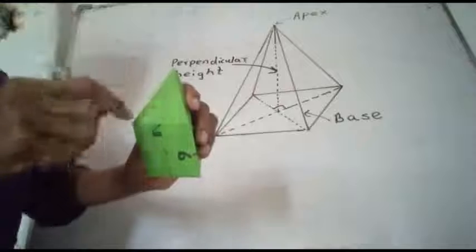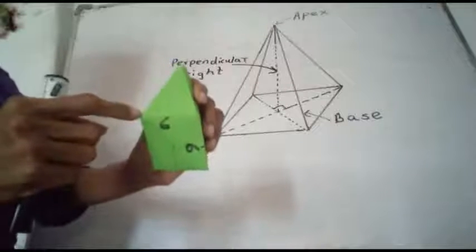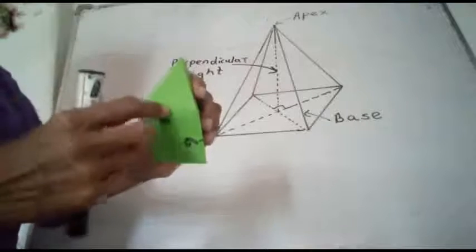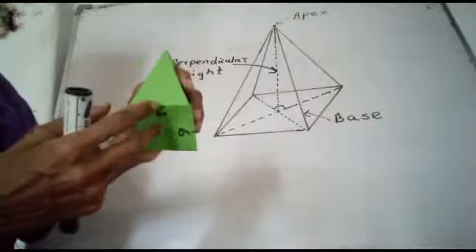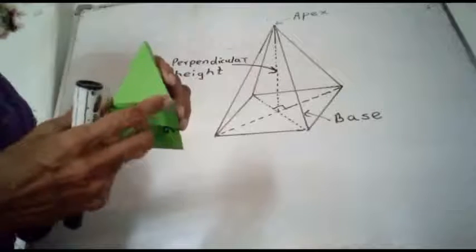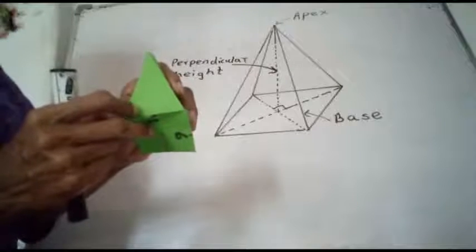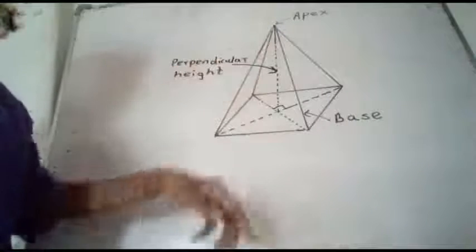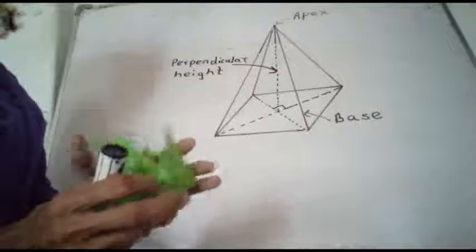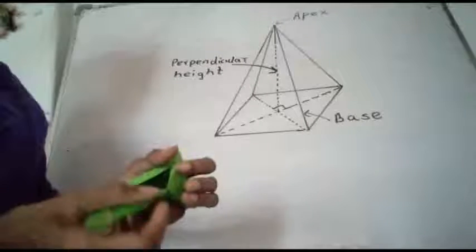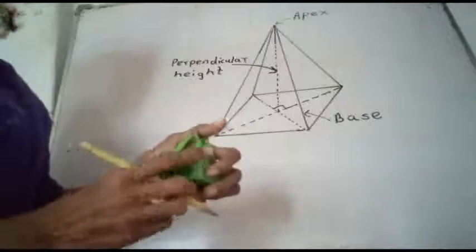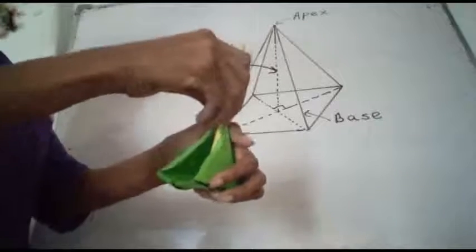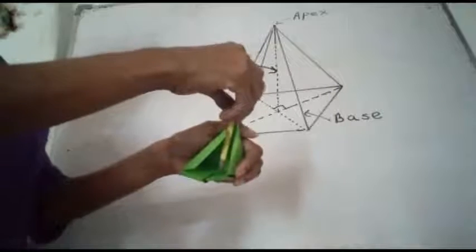The perpendicular height from this vertex to this edge, we call it the perpendicular height of the triangular surface. This is the perpendicular height of the pyramid, the height from this apex to the center of the base.